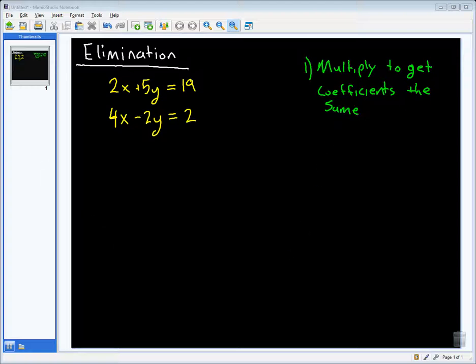So when we multiply to get the coefficients the same, it depends on which variable we want to eliminate. In this case, it's going to be easier to eliminate the x's because I can just multiply this top equation by 2. And I actually wanted to make it -2 because I want the coefficients to be one positive and one negative.